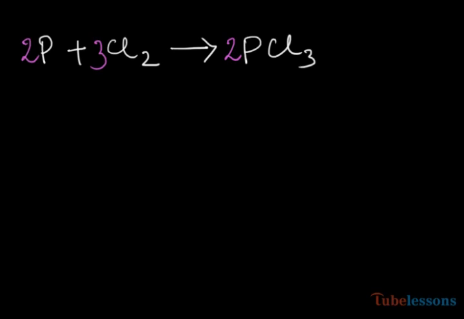Let us consider another point. To represent the atoms of phosphorus, we have to multiply P by 2.